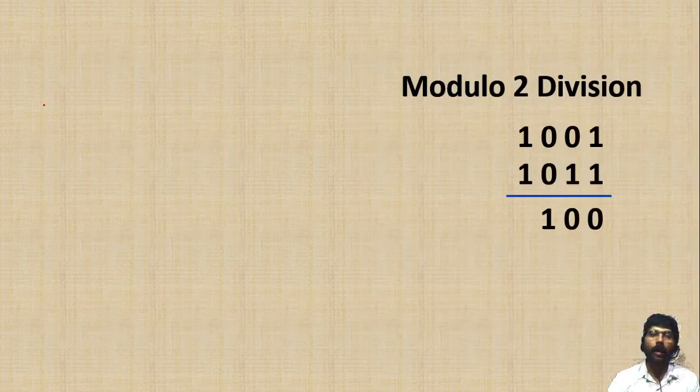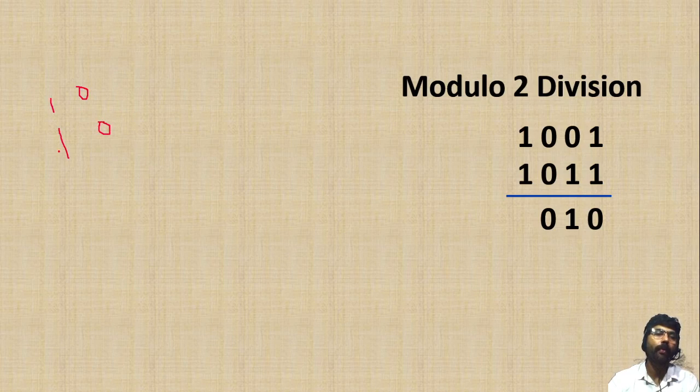Now see here, if we have 2 bits and both are of the same type, for example 1 1 or 0 0, its output is always 0.